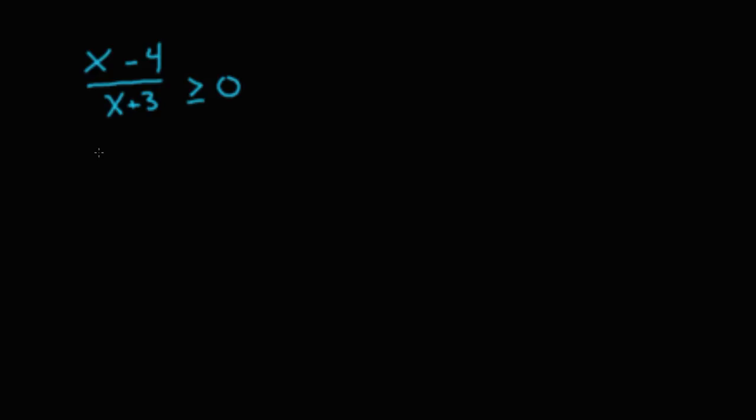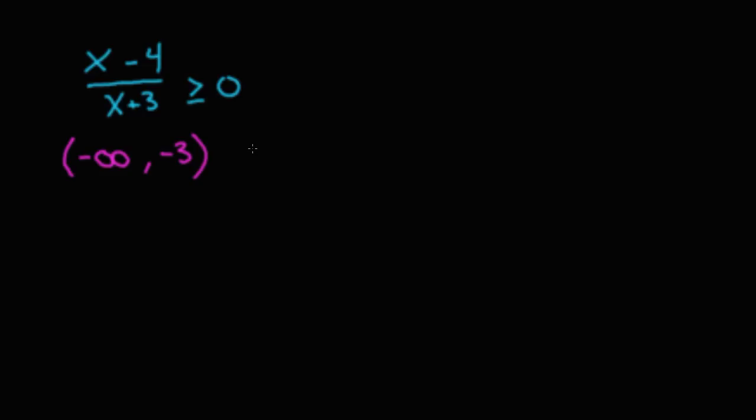So we have to look at what happens from this interval. We have to look at the interval from negative infinity to negative 3. Okay, and it can't be equal to negative 3 because then you'd have a 0 in the denominator, and that would give you an indeterminate.